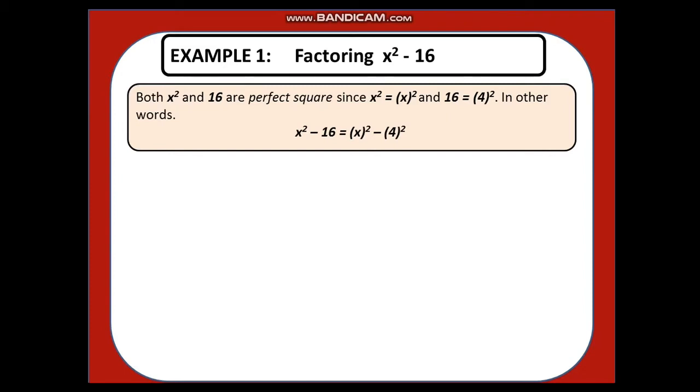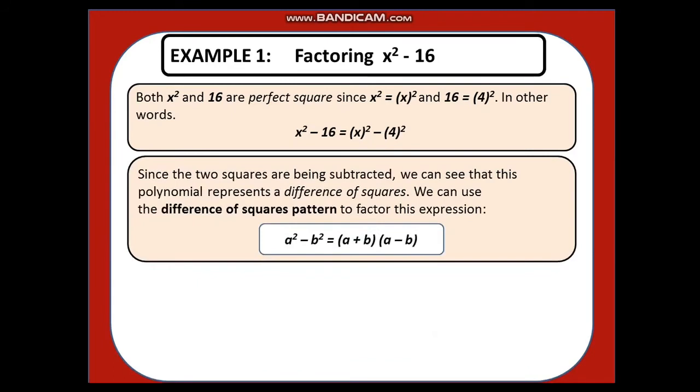In other words, x squared minus 16 is equal to x quantity squared minus 4 quantity squared, right? And applying the formula for the pattern of the difference of squares, we have a squared minus b squared is equal to the quantity a plus b multiplied by the quantity a minus b.